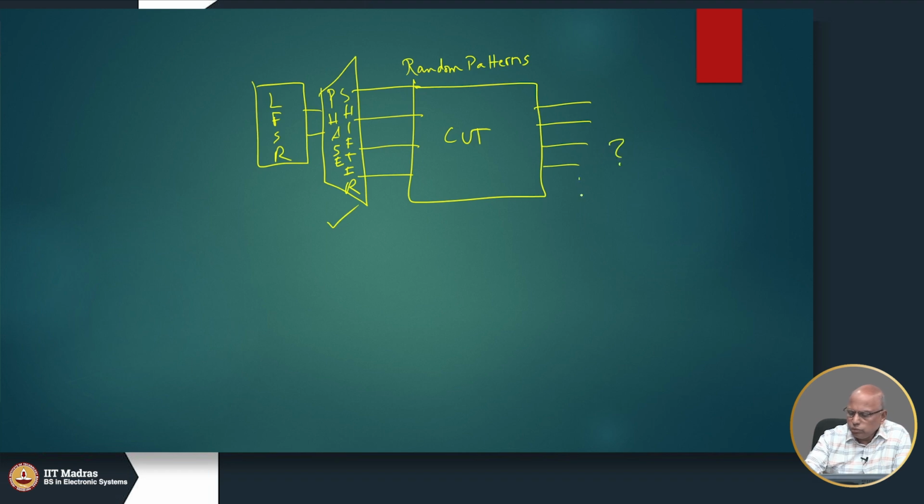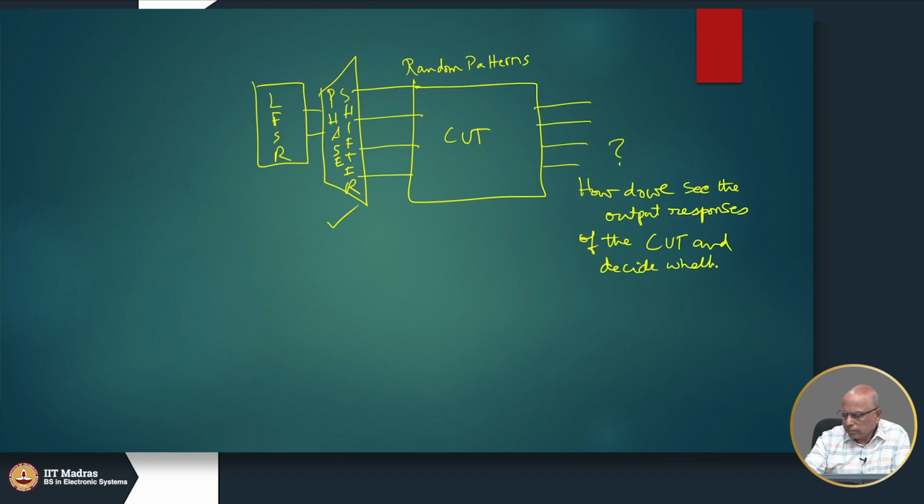How do we see the output responses of this CUT, circuit under test, and decide whether it is good or bad, decide whether a fault has occurred or not?